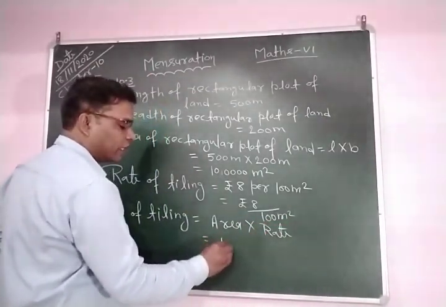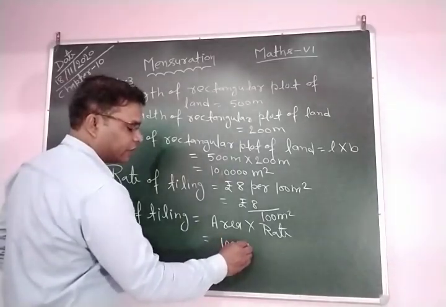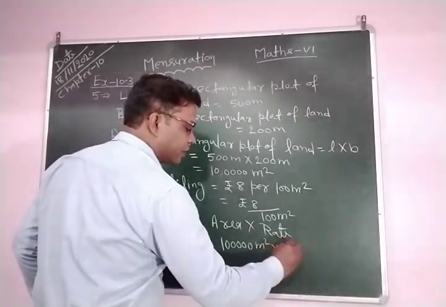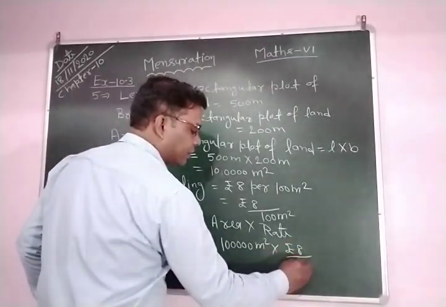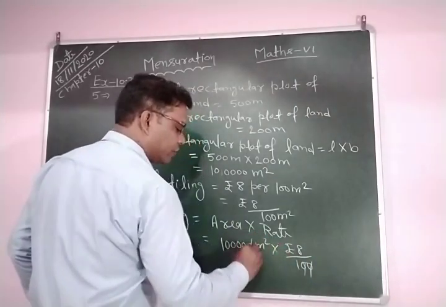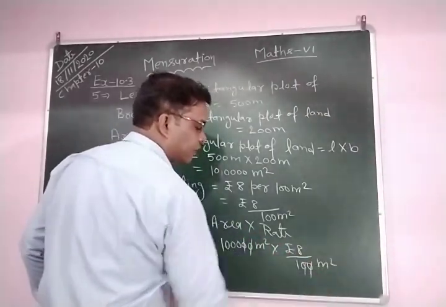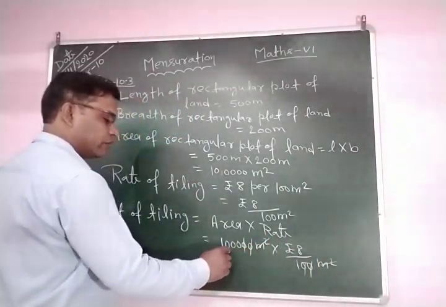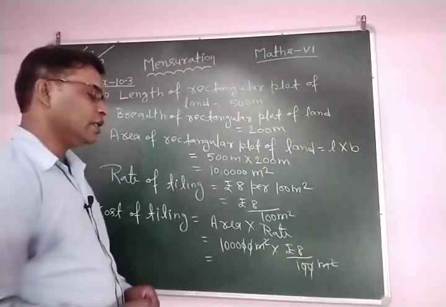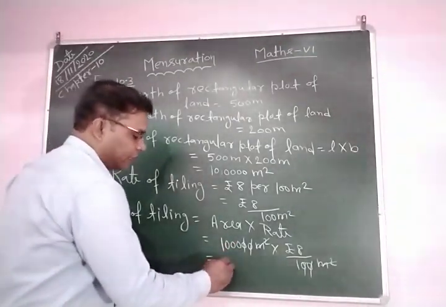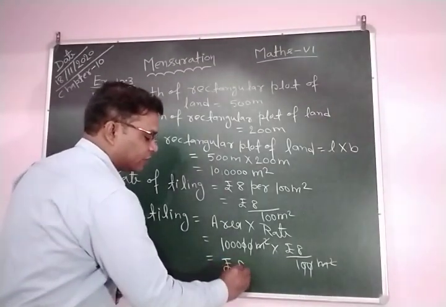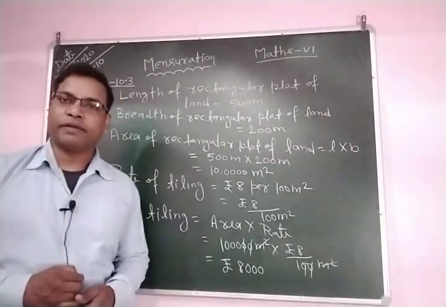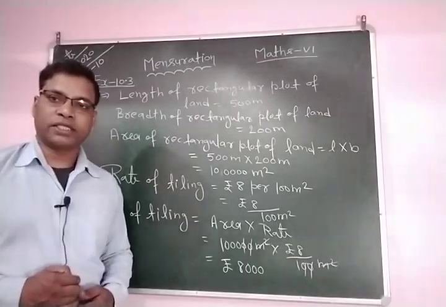The area is 1 lakh meter square. The rate of tiling is rupees 8 by 100. So the meter squares cancel, and two zeros cancel. We have 1, 2, 3, so 1000 into 8, then we obtain rupees 8,000. The cost of tiling of the rectangular plot of land is rupees 8,000.